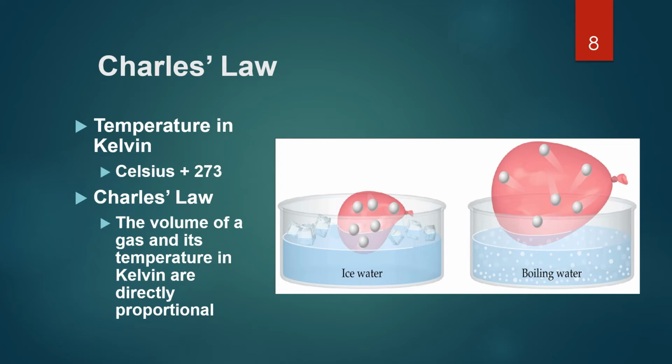So if you take a balloon and you put it in cold water, what happens is the balloon shrinks because the temperature now went down, so the volume of the balloon is also going to go down because volume and temperature are proportional to each other, so they're going to go in the same direction. When you remove that balloon from the cold water, it's going to re-expand because the temperature is now going up, so the volume is going to go back up.